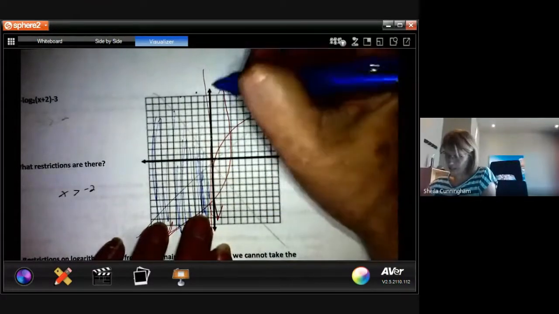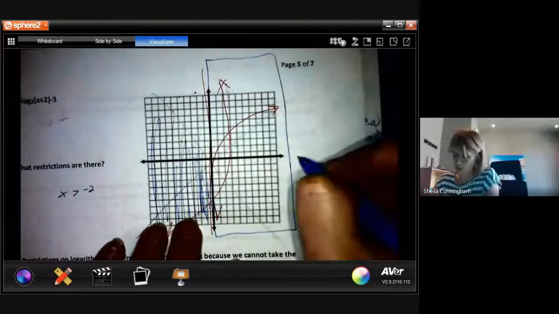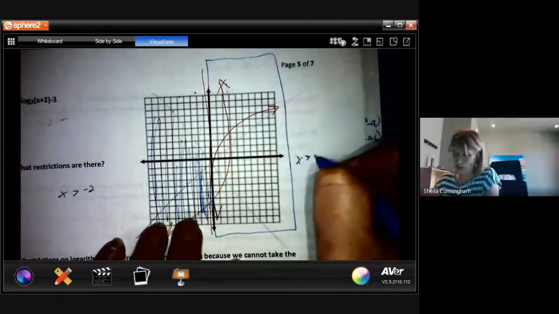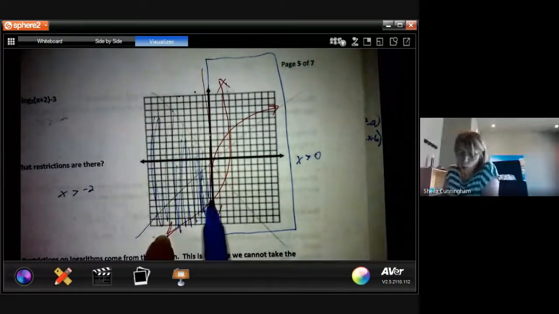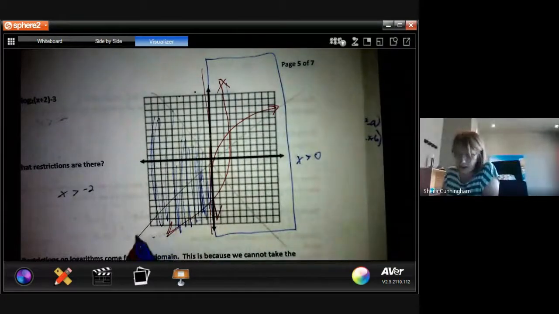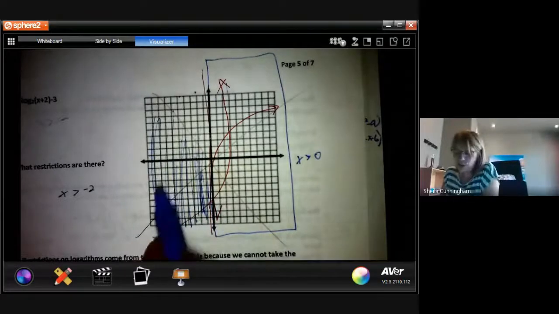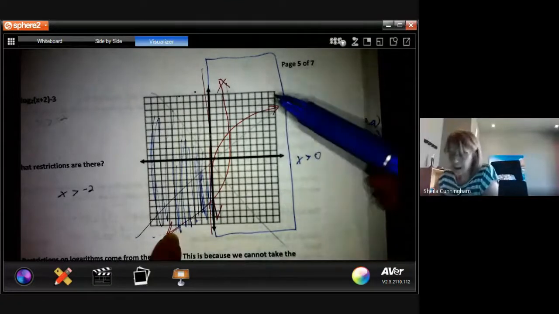So technically my restrictions still hold true that it would be only in this section. So I would be going from where x is greater than 0 to get my restriction, okay? Even though in this logarithmic function that's coming in this way, I would have negative x values over here that would satisfy it, but they wouldn't satisfy the other one.